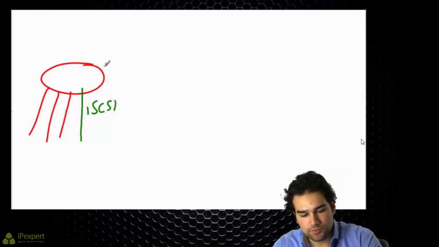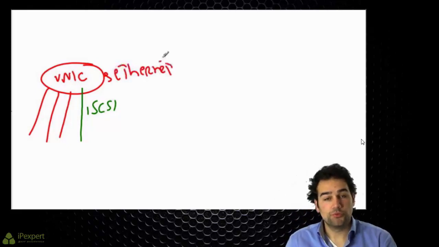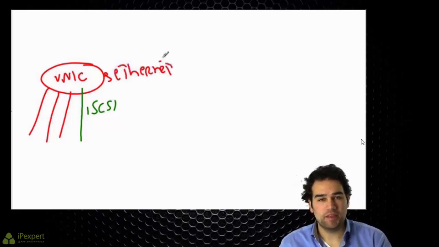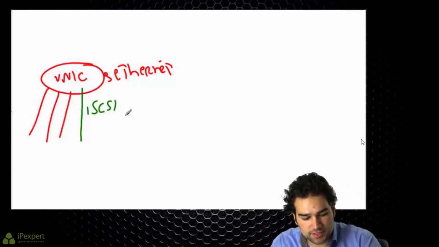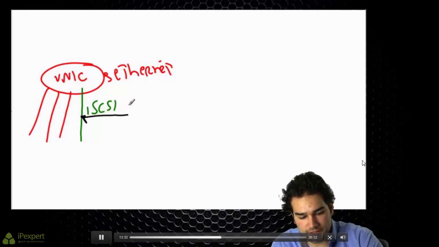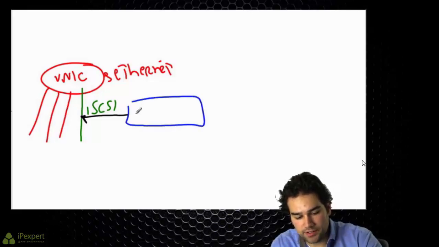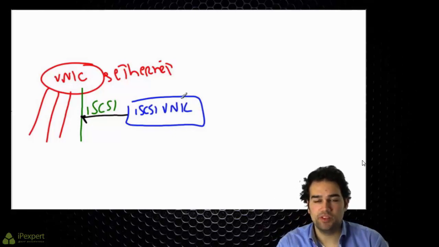Now this VNIC is a pure Ethernet VNIC, right? For iSCSI, to perform iSCSI booting, I need to set up a TCP session even before I've booted the server. That's why Cisco takes that VLAN and hijacks it for just a few seconds and says, I'm going to create an iSCSI VNIC. That iSCSI VNIC is not an actual VNIC.